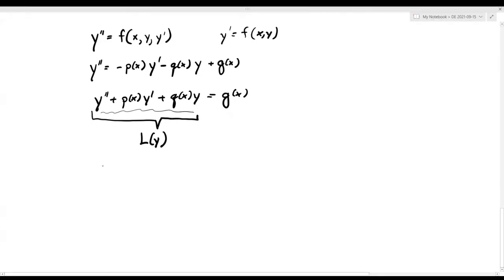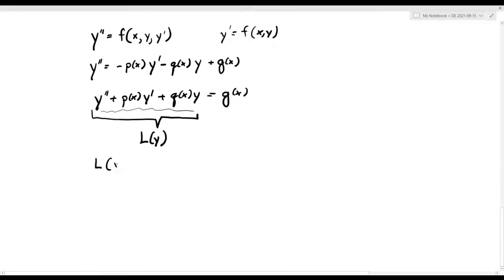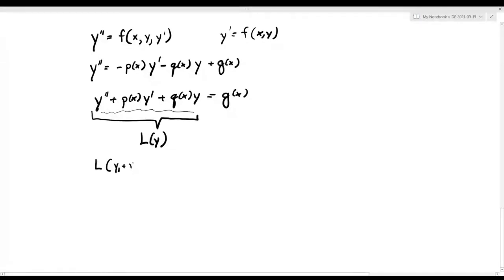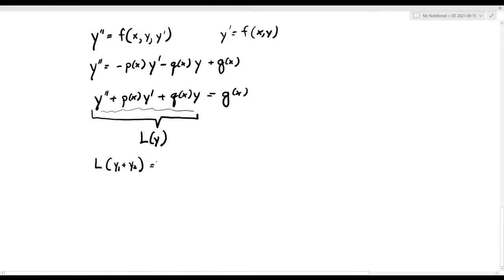So let's check. This is very easy, because the linearity comes from the linearity of derivatives. We can differentiate term by term.